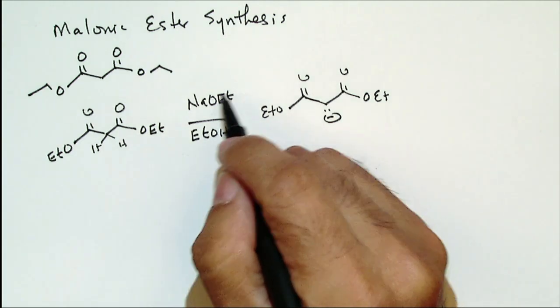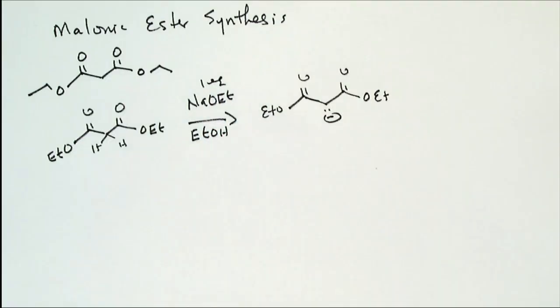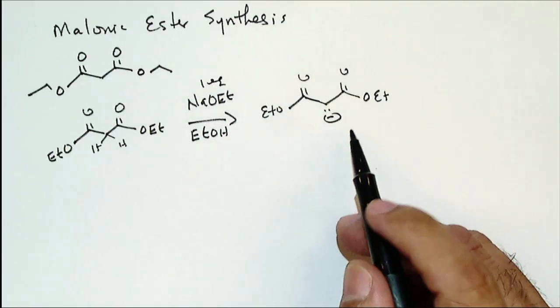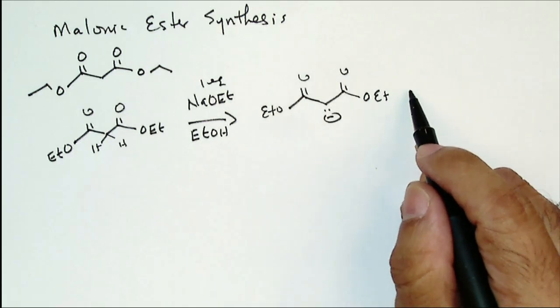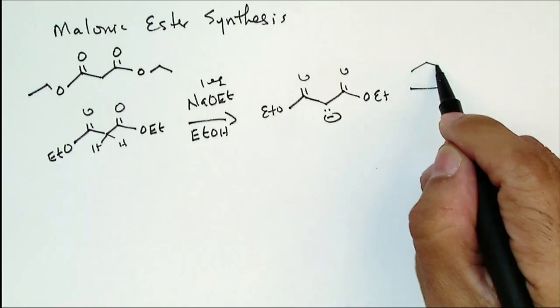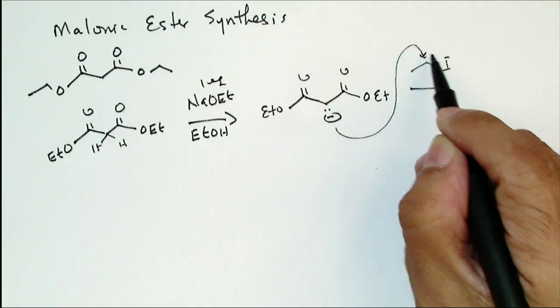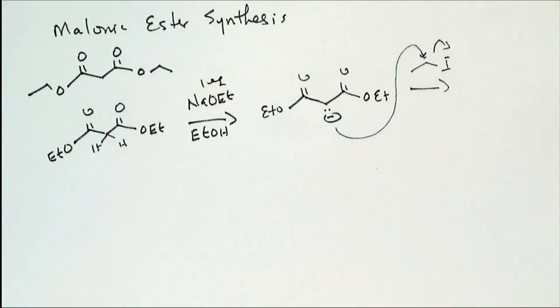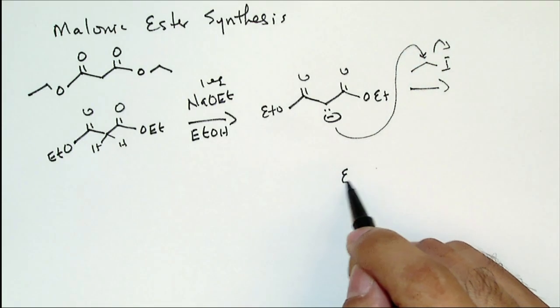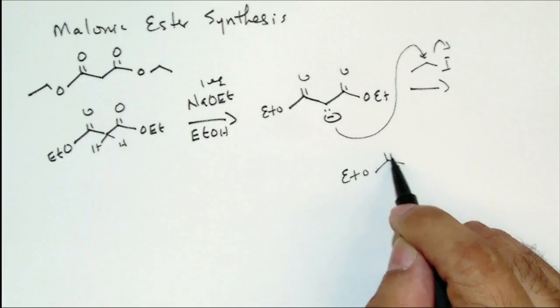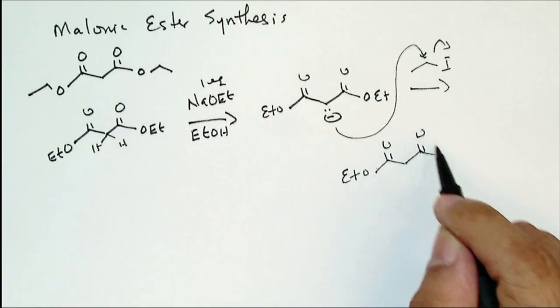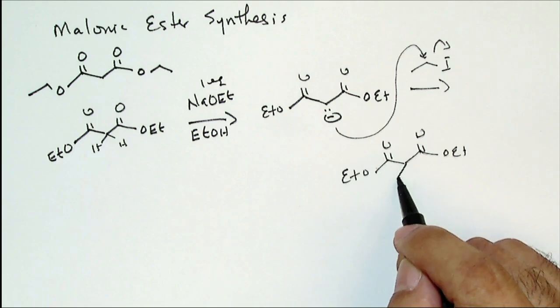So let's specify that it's one equivalent of the sodium ethoxide that I'm using. If I have this now, and I were to treat this, let's say, with ethyl iodide, the nucleophile attacks the electrophile, you kick that out, nice SN2 reaction, and that means that the product that I'm actually going to get from that reaction is going to be this one where I've attached an ethyl group.